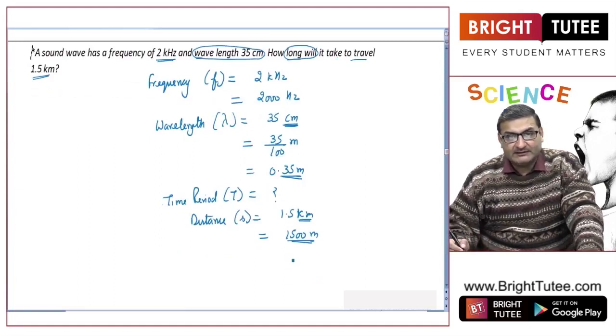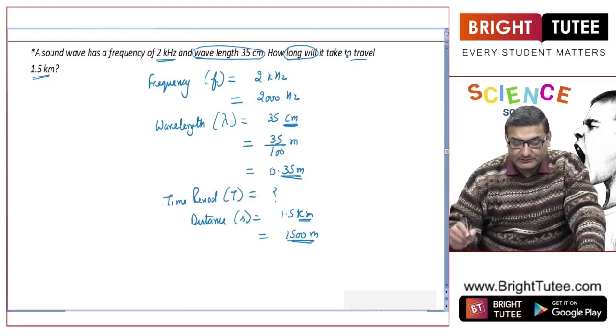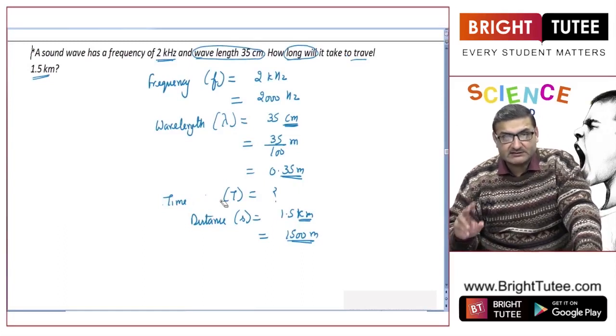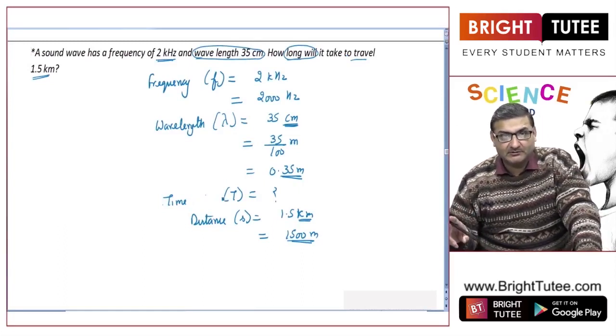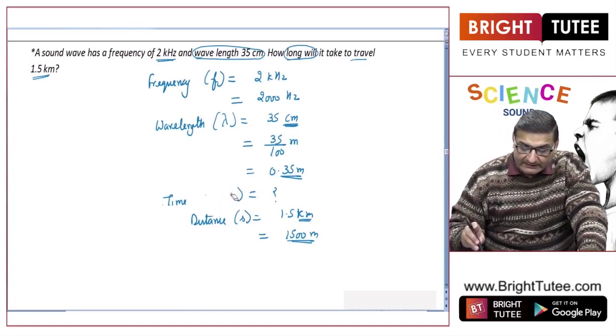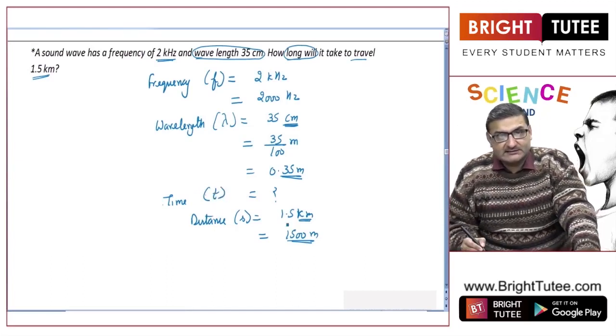So I am not calculating the time period. After reading the question, we relate that we are not calculating the time period. Right. So I can just remove this time period from here. Now this is quite important. After reading the whole question, we need to relate. We have to calculate the time taken by this particular wave to travel this much distance.